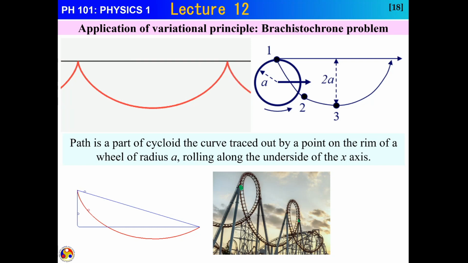And that's why on a roller coaster you always experience a lot of feelings. That's because you are changing things in the shortest time, and this is the functional path which would give you the shortest time. Not even a straight line, it has to be some curve, and that curve is a cycloid.